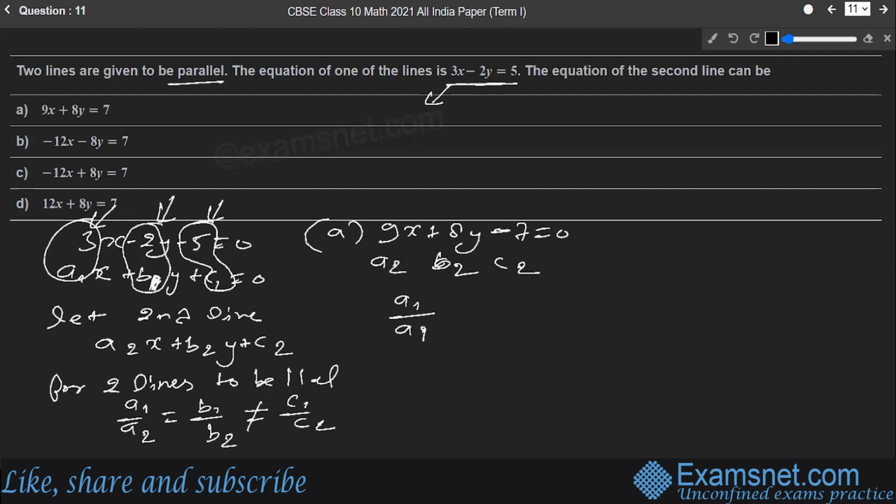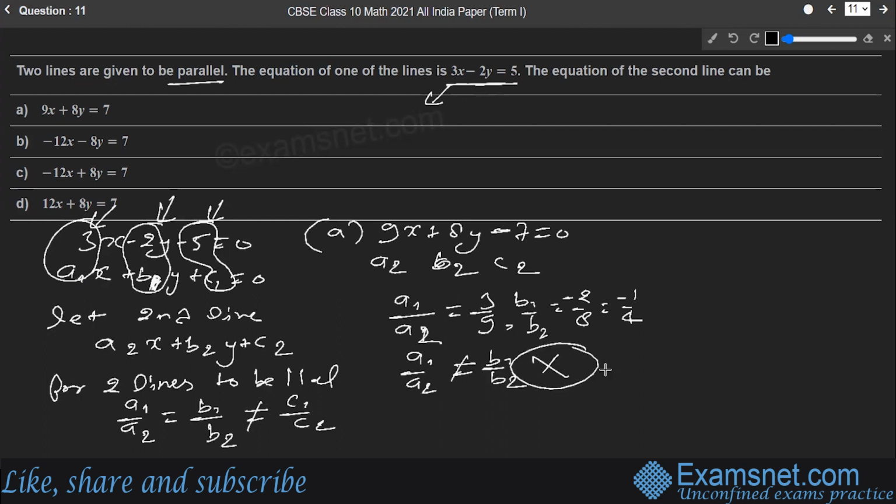A1 by A2 comes out to be 3 by 9. B1 by B2 comes out to be minus 2 by 8, that is nothing but minus 1 by 4. So A1 by A2 is not equal to B1 by B2. The condition is not true, so we can reject option A.